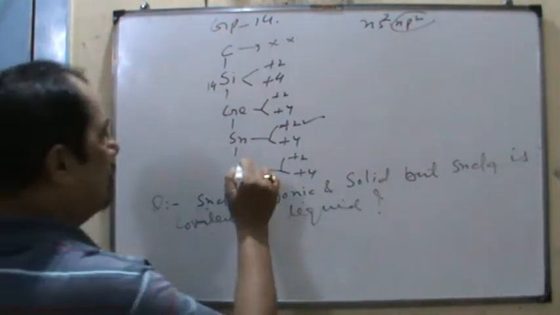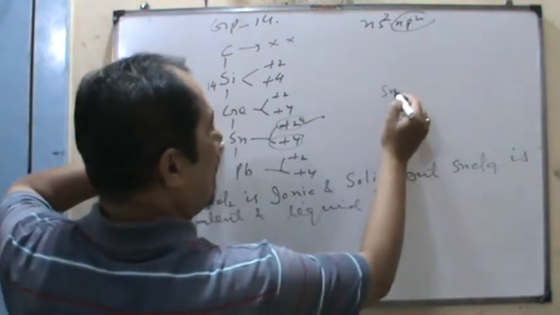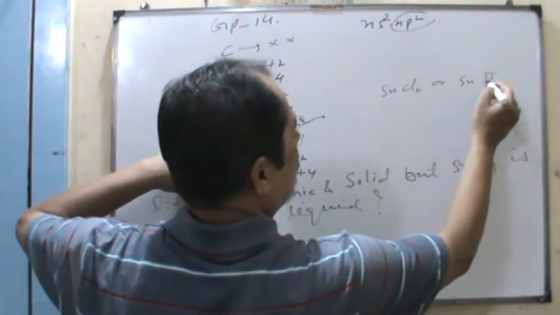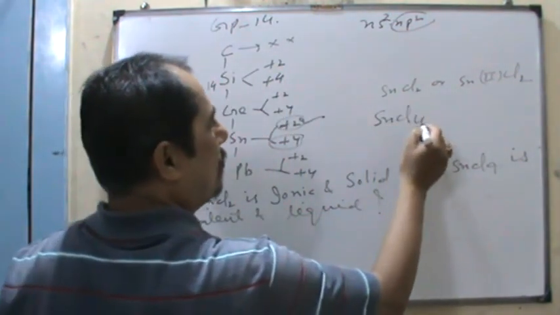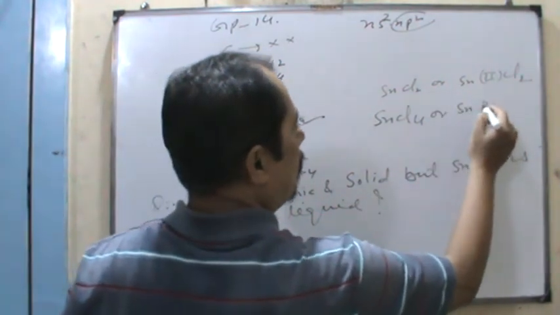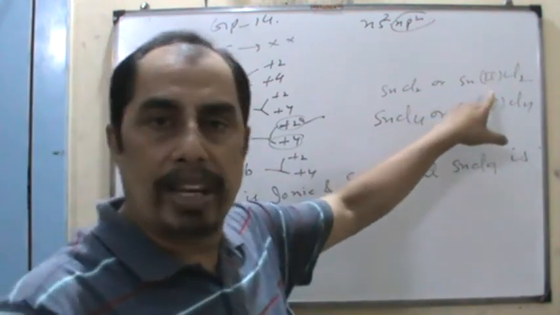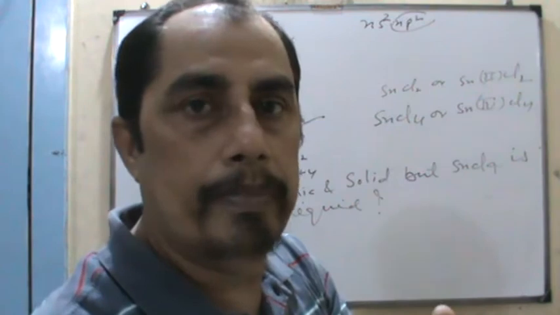Because tin will show +2 as well as +4. SnCl2 can be written as Sn2+ with Cl, similarly SnCl4 as Sn4+ with Cl. 2 electrons are lost very easily and 4 electrons are lost very difficultly.